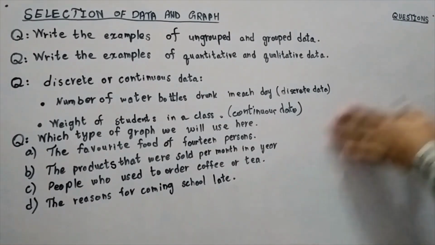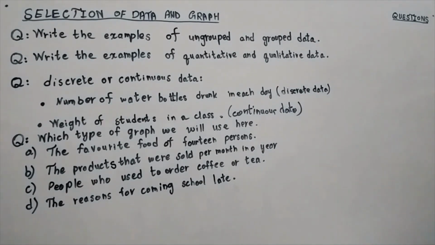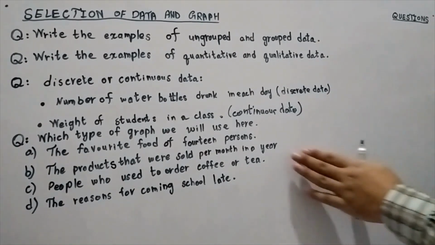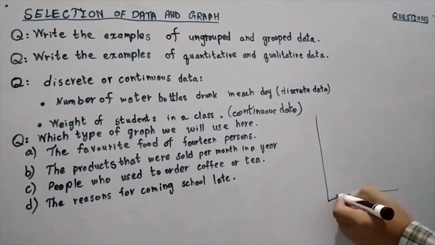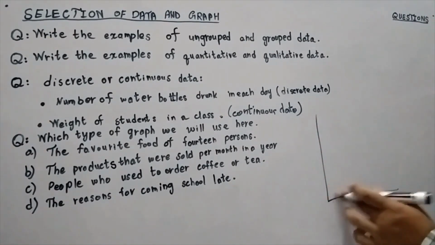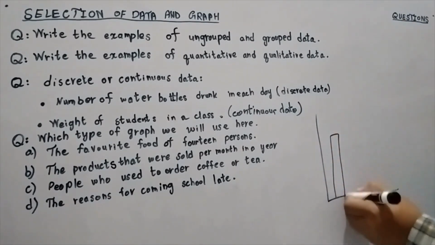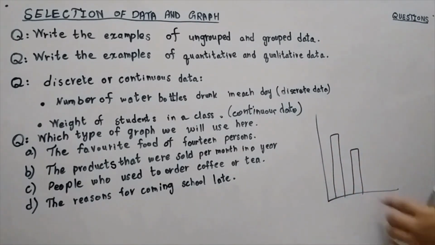So actually here we are using the frequency, or we can say the number of people. In a case like this, we will use a bar graph so that we can get distinct data.